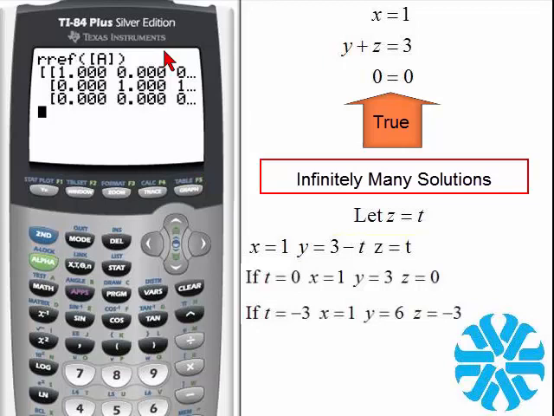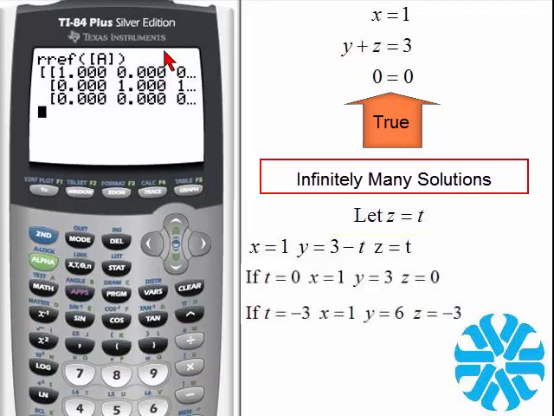If t is equal to negative 3, then x equals 1, y equals 6, and z equals -3. So what's unique about this system of equations is that x will always be 1, and the only two variables that change are y and z, and they are dependent upon the value that you choose for t.